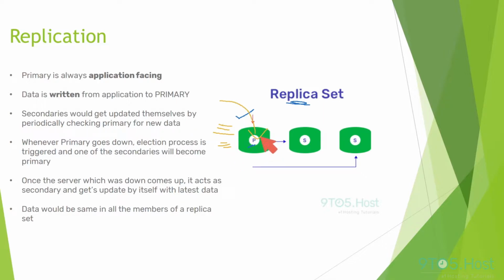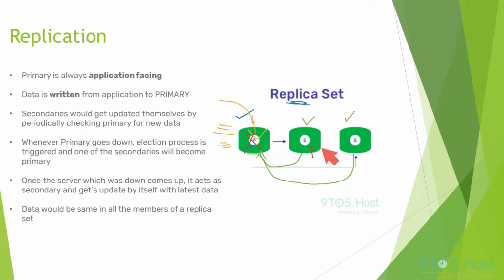Now the job of the secondaries is to come to the primary server, periodically check for any updates in the data and update themselves. As we have previously understood, whenever the primary server goes down, one of the available secondaries would become primary, and whenever any connection comes from the application, the driver which we use would route the connection to the primary, since this secondary has changed to primary.